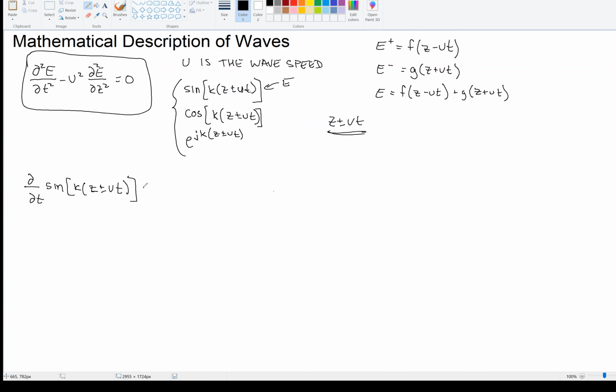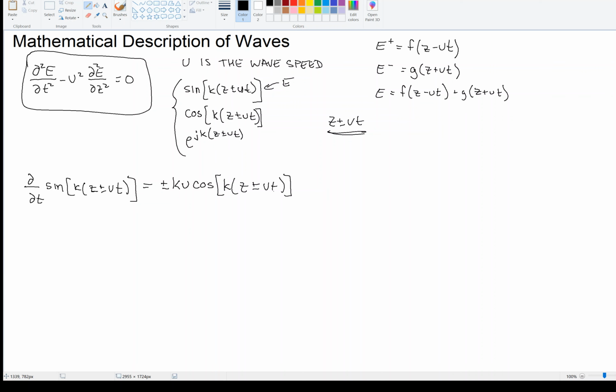Okay, and so the derivative of this thing versus time, well, the plus or minus u has to come in front along with the k, and then the sine changes to cosine. So I have plus or minus k u times the cosine of k, z plus or minus ut, like that. That's the first derivative with respect to time.